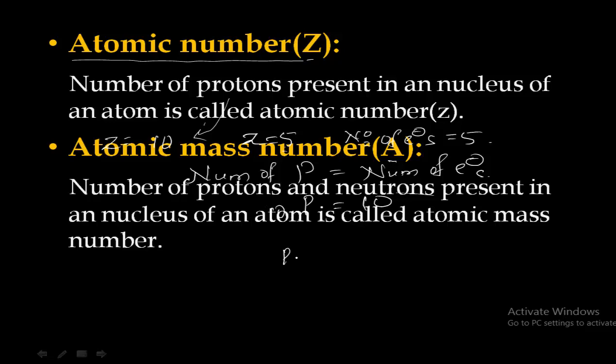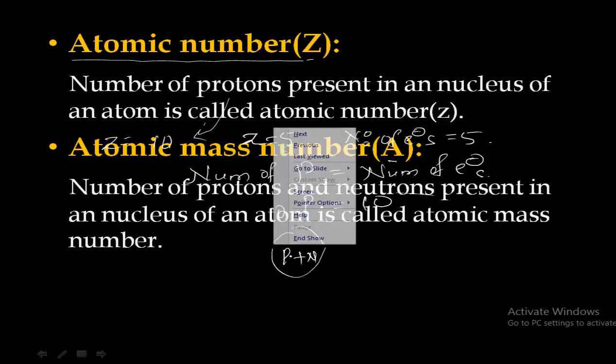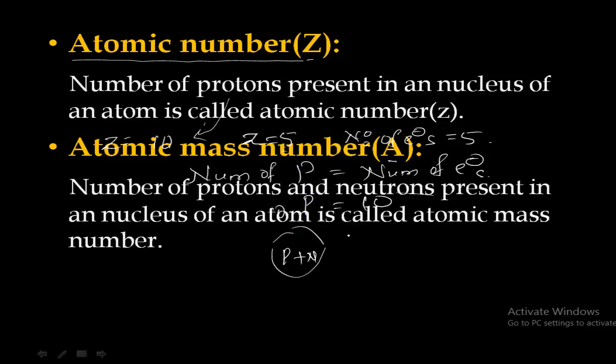So how many protons and neutrons are present in the nucleus of an atom is represented by the atomic mass number, and it is denoted as A. So remember these two terms related to atom.